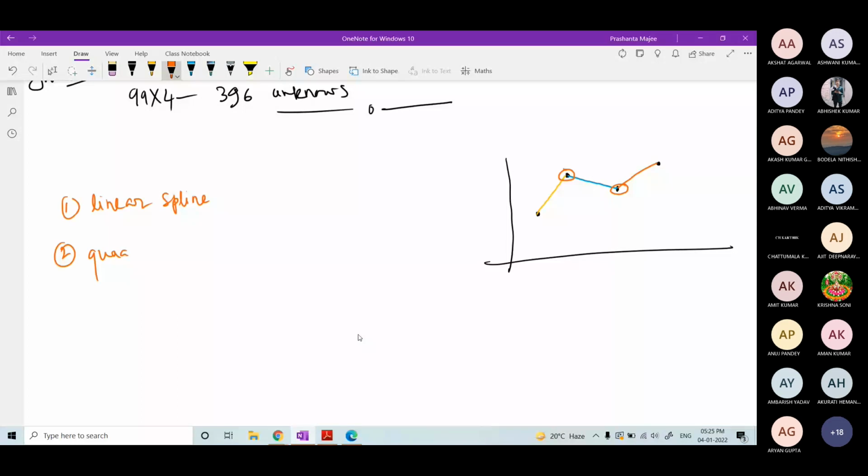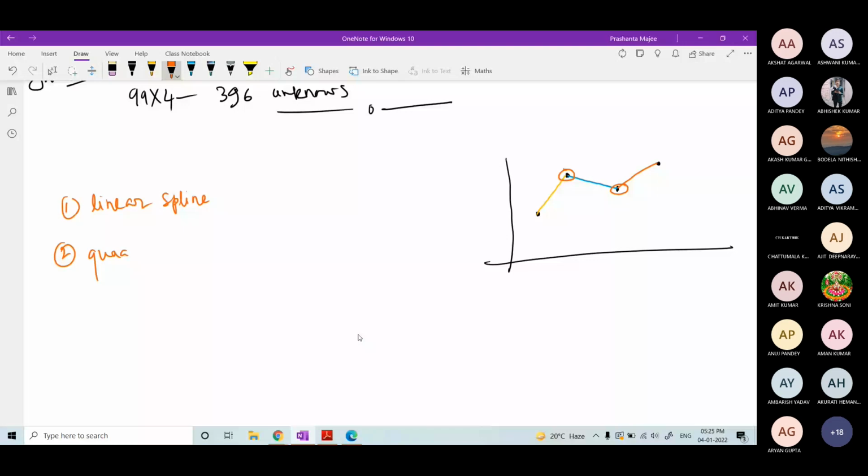So what is quadratic spline? You will be joining 2 consecutive data points by a quadratic curve. So if these are the data points, then you join 2 consecutive data points by a quadratic curve. This is a quadratic curve joining 2 data points.